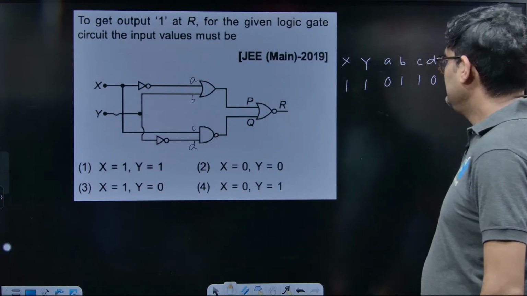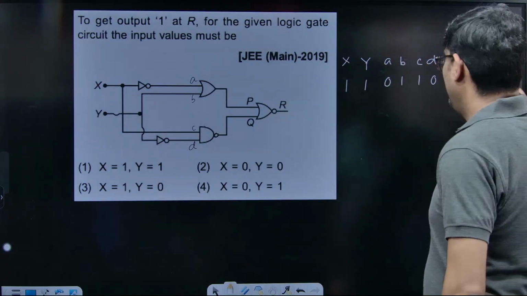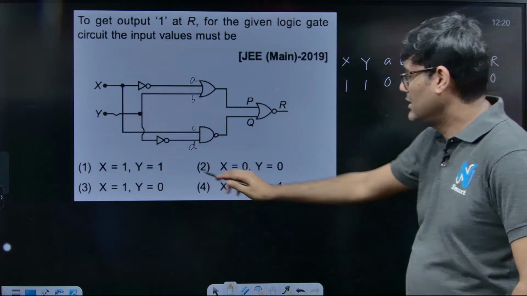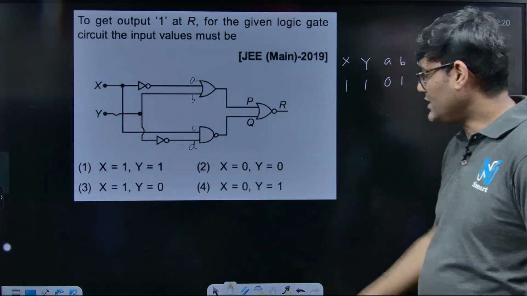And R is P or Q, which is 1, and its opposite is 0. So R is 0, which is not correct. Let us see option 3.